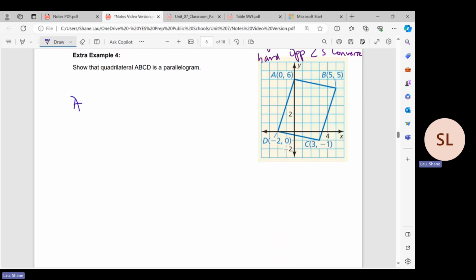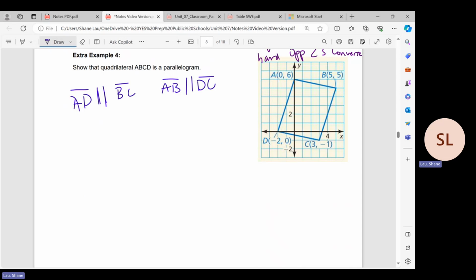So AD is going to be congruent to BC. And I know that AB is going to be, oh, why do I keep saying congruent? I don't mean congruent, I mean parallel. AB will be parallel with CD.